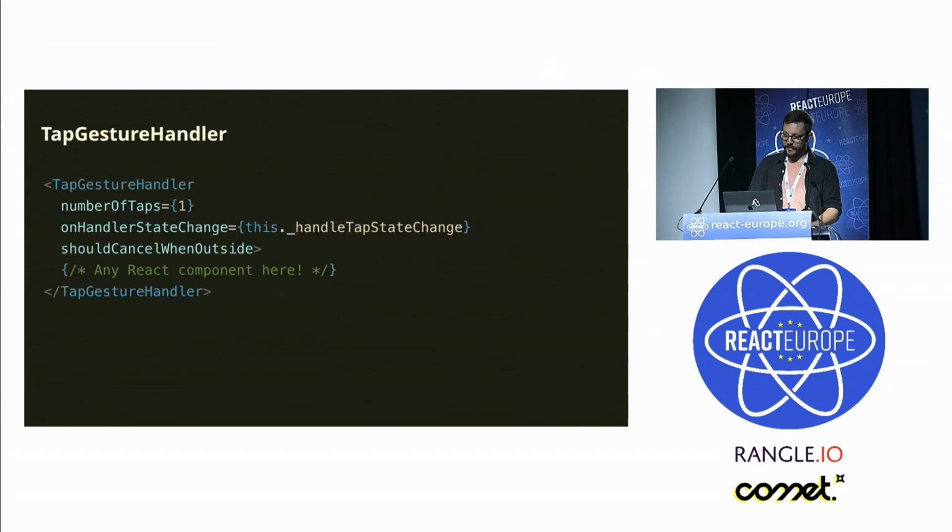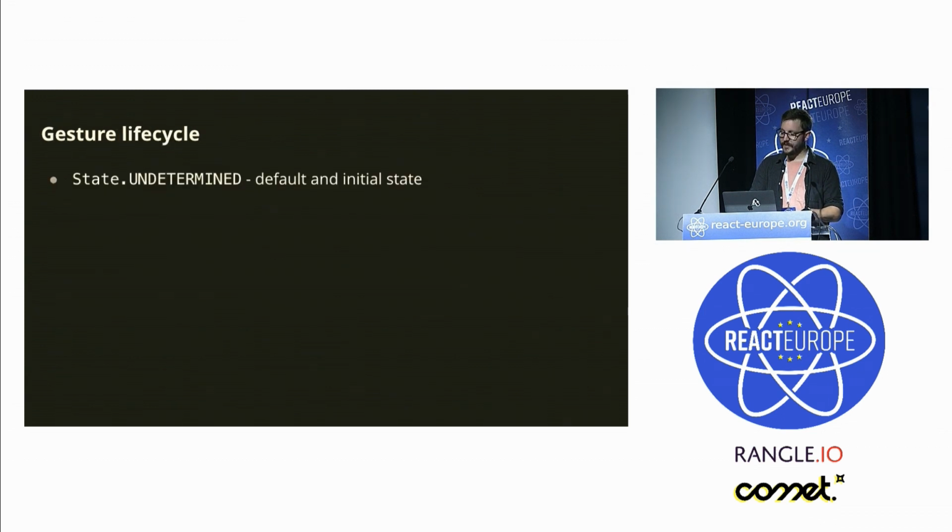So on-handler state change is when you transition between any state within the gesture handler state. And so the first state that you start in for any gesture is undetermined. So this is, you have the gesture sitting there, no touches happen, it's just completely inactive.